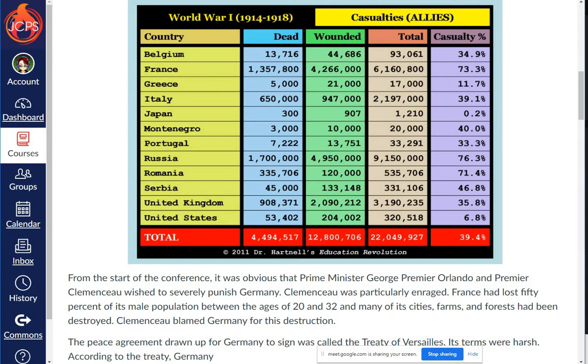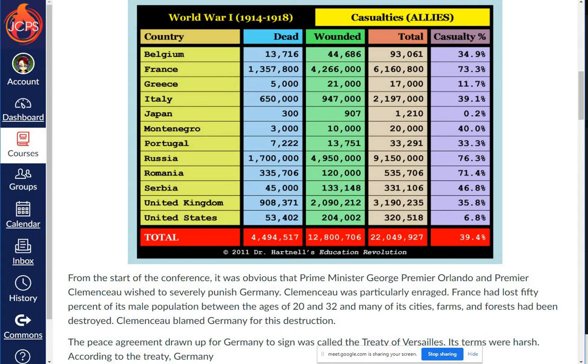If you look at France, 1,357,800. And Russia, 1,700,000. And even the United Kingdom is 908,371. Oh my goodness. And if we look at the wounded, it also makes sense.